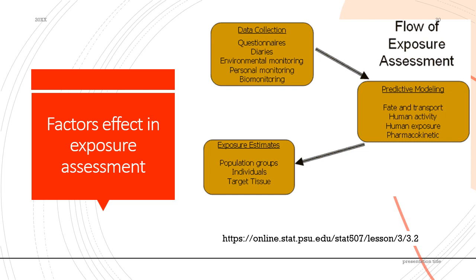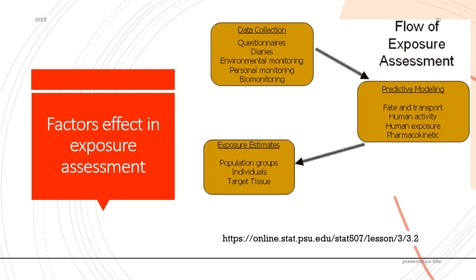What's the sensitivity of the population? Then you use the predictive model. You have to know the fate of the chemical or biological agent in the body, because they can change. They may be toxic or non-toxic, and the body tries to withdraw some chemicals.